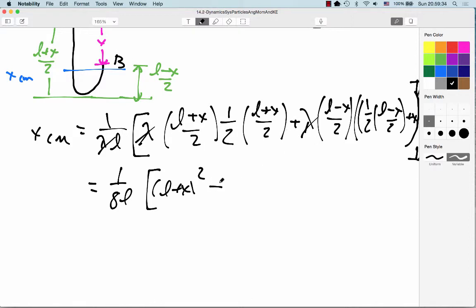Then here I'm going to get (L minus x) times (L minus x plus 4x) from there, which will give me, because I had a 4x there to go on the common denominator when I pulled out my 8, so this much will just become L plus 3x right there.